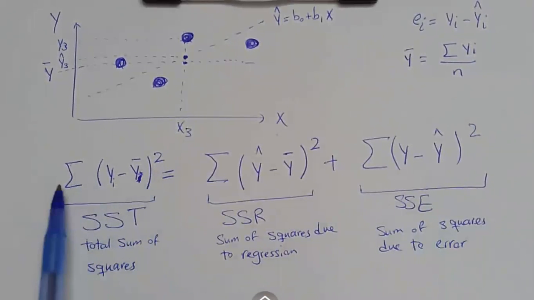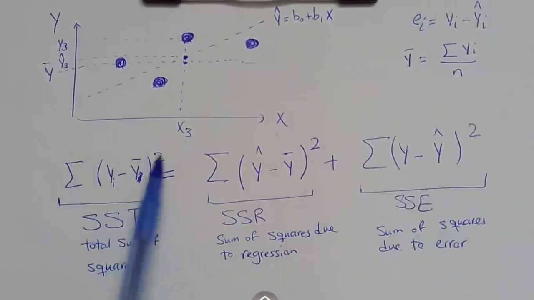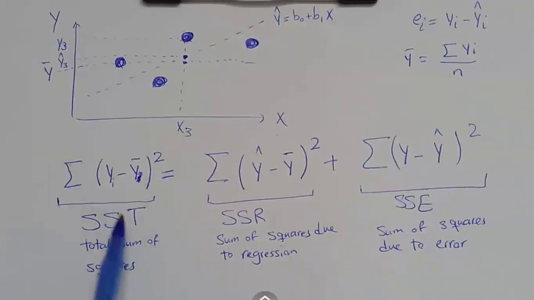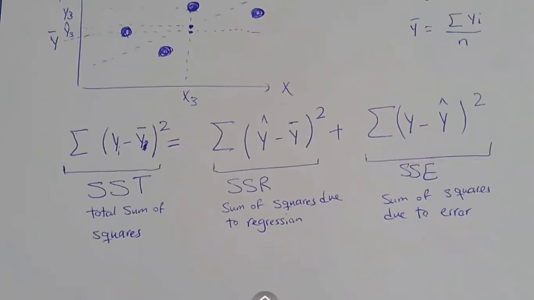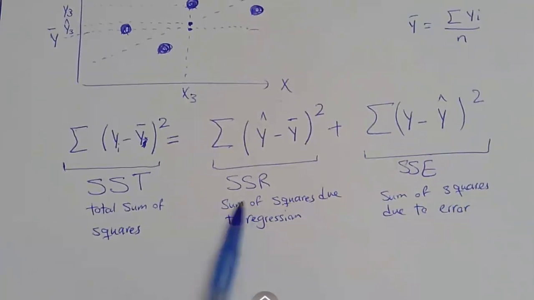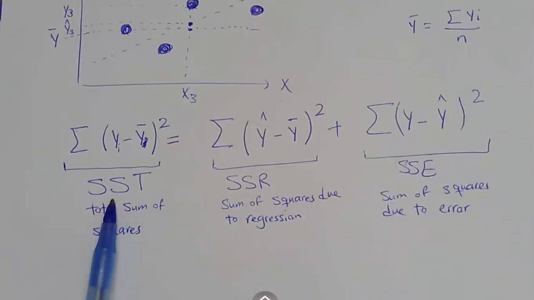When you take sum of squares, it's going to be definitely either 0 or positive, right? And because this relationship always holds true, SSR is going to be always less than or equal to SST.